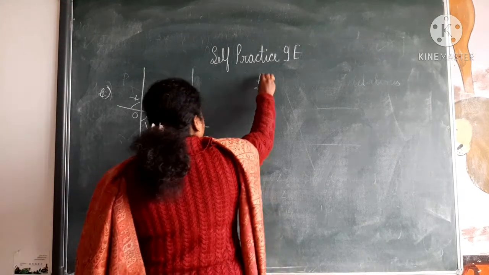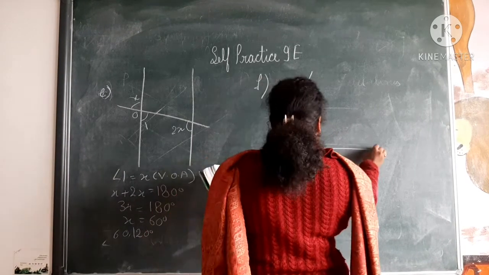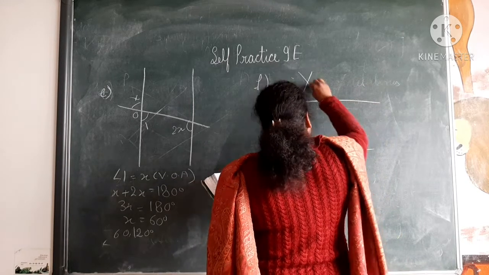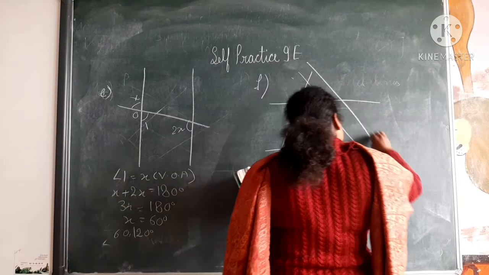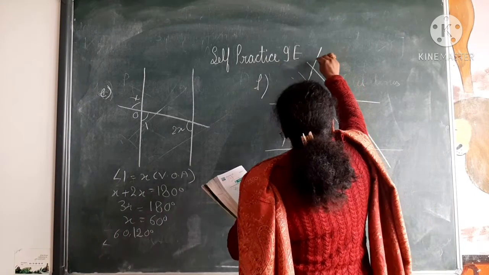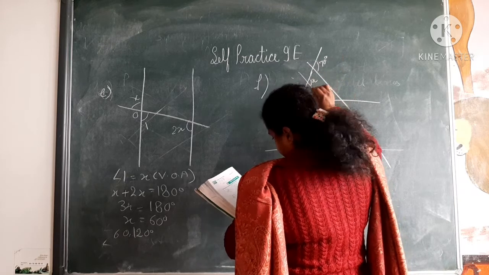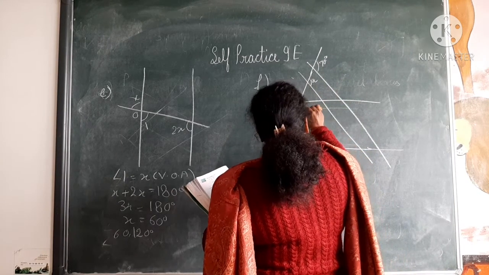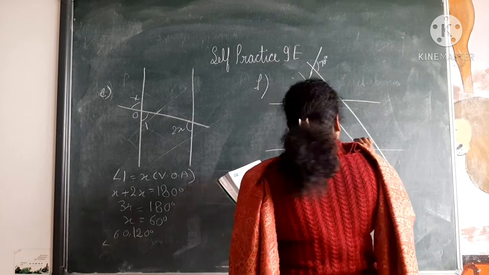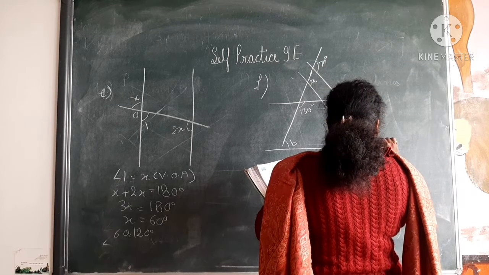Now comes the F part. This is 70 degree, this is your A, this is 130 degree, this is your B, this is your C, this one is 60 degree.